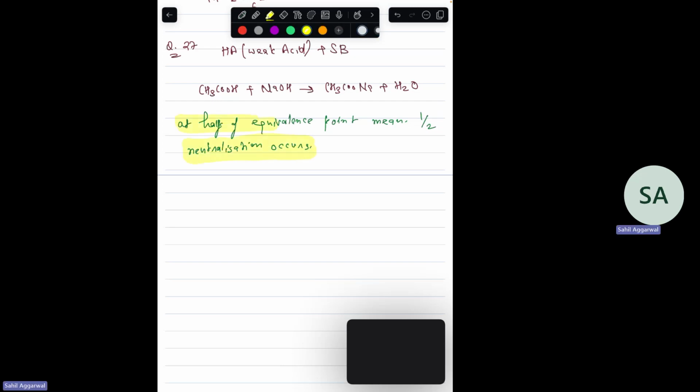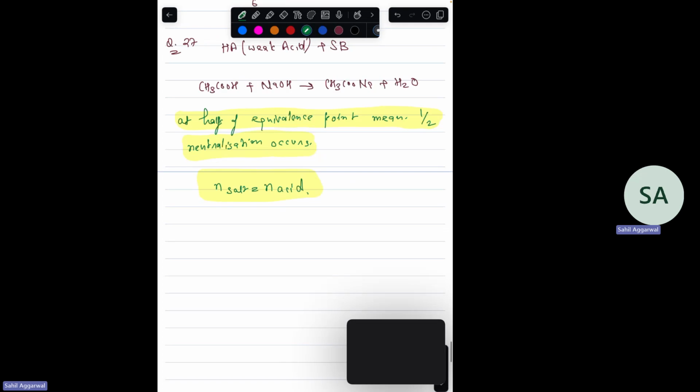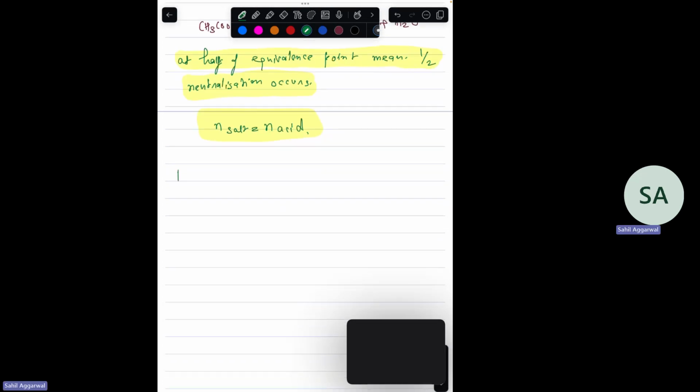अगर half neutralization हो जाती है, then moles of salt becomes equals to moles of acid. This is the concept of half neutralization. Moles of salt becomes equals to moles of acid. ऐसे केस में अगर हम pH निकालते हैं तो pH we know pH is equals to pKa plus log of salt upon acid.